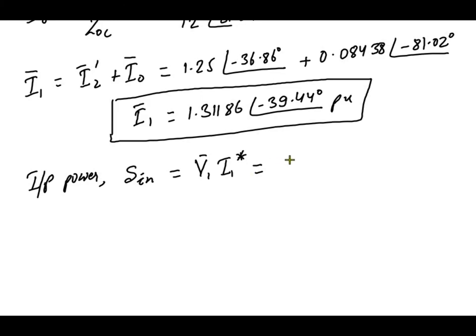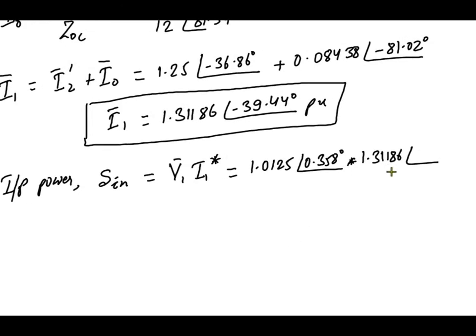V1 we have just calculated: it is 1.0125 angle 0.358 degree, and I1 is 1.31186 angle minus 39.44 degree. So we get S input in polar form as 1.32825 angle 39.798.